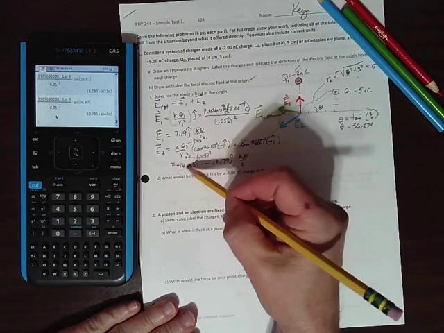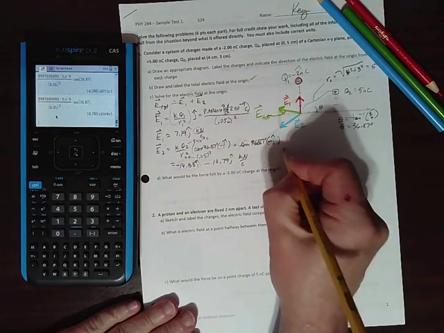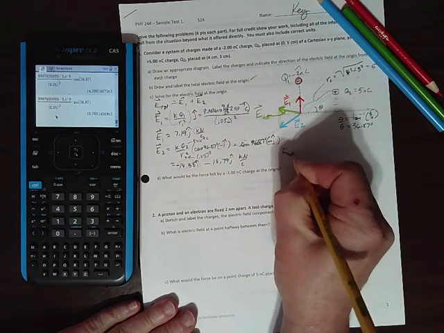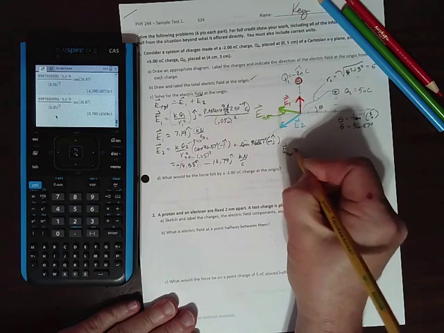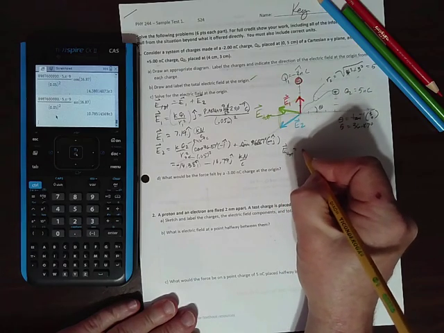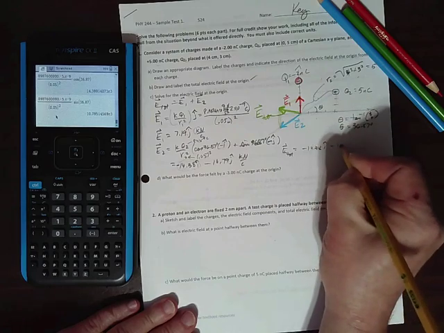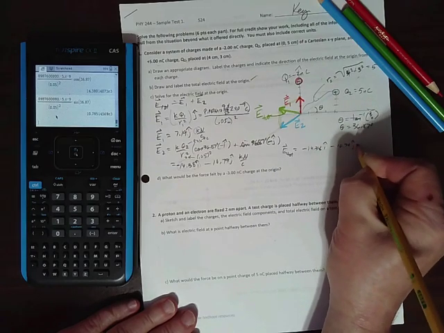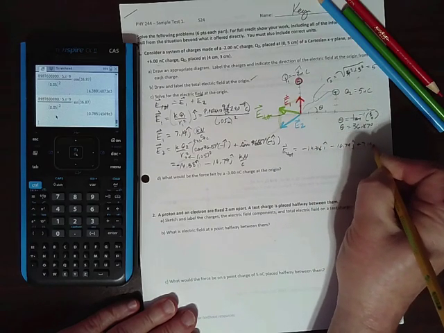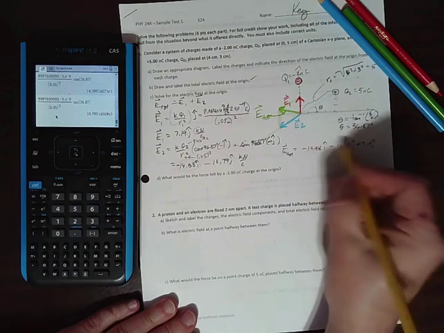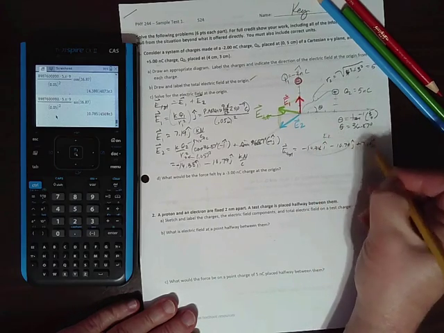E1 has no x's, so the whole x is just this one. So E total is negative 14.38 i hat minus 10.79 j hat plus 7.19 j hat. So this is E2 and this is E1.